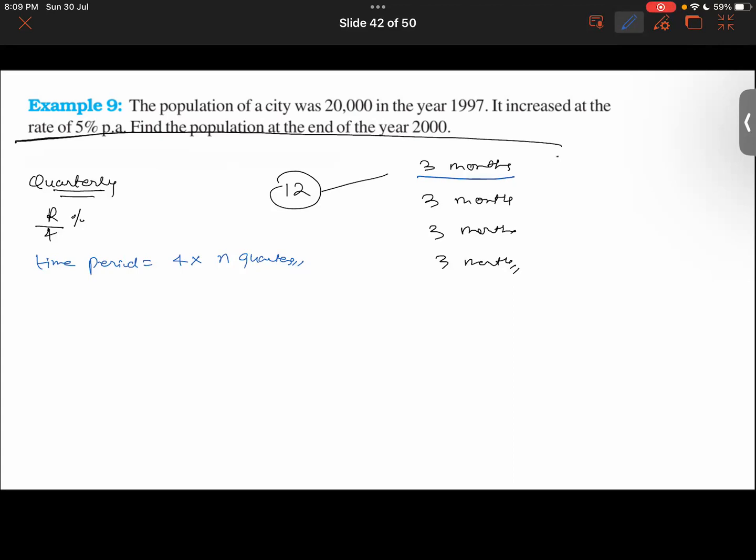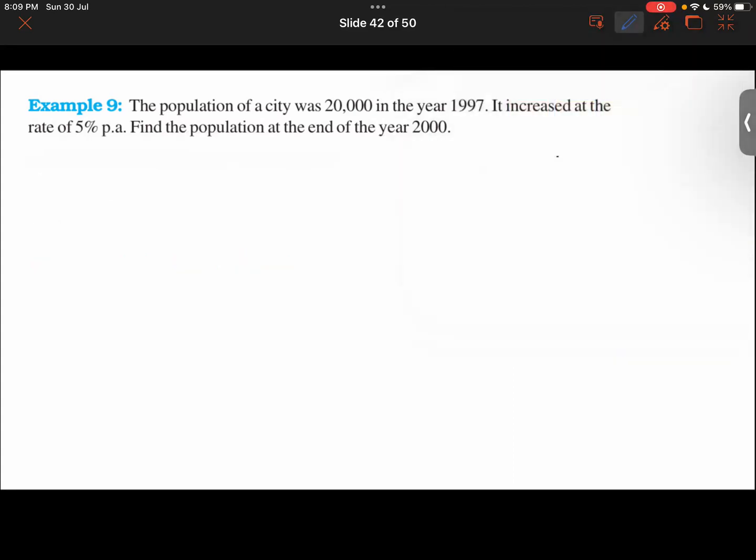So let me write it in a statement form so that it becomes more clear. Note this thing, we are talking about quarterly compounding.